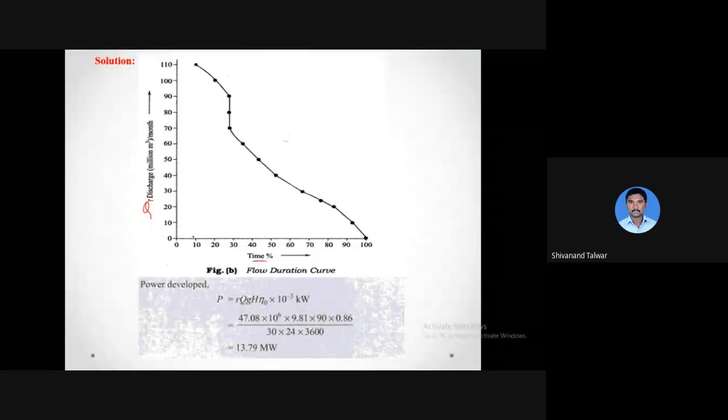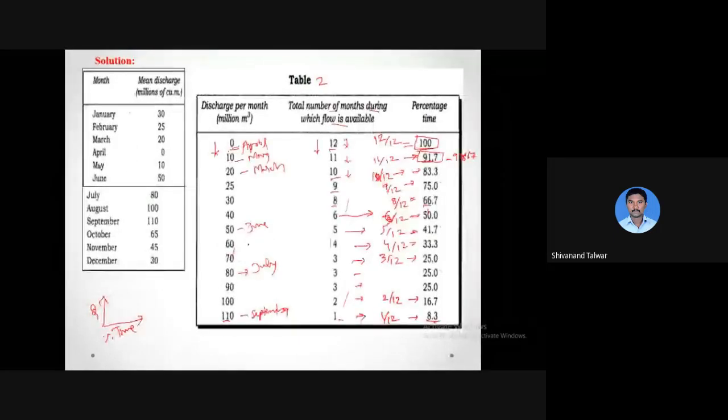So here we will get 8.33 percentage, and here the value is how much? 110. Okay, then same way second value is 16.67, 16.7 percentage, and the value is 100.